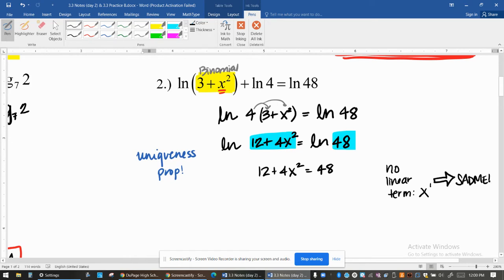If you did have a linear term, then you would have to try using factoring or quadratic formula, and we will do some of those. But since this does not have anything with x to the first power, I'm going to do SADMAP, so I'm going to subtract 12, divide by 4, and then square root. So remember, you're trying to isolate the variable.